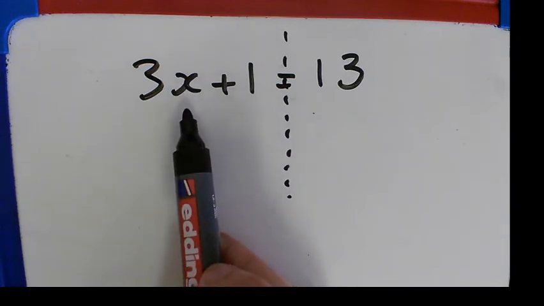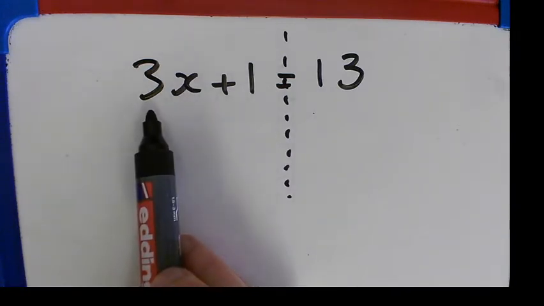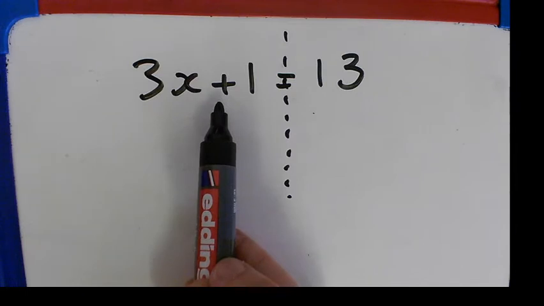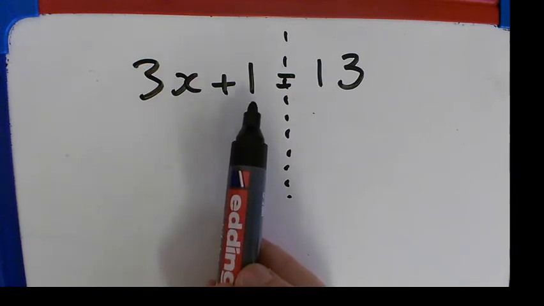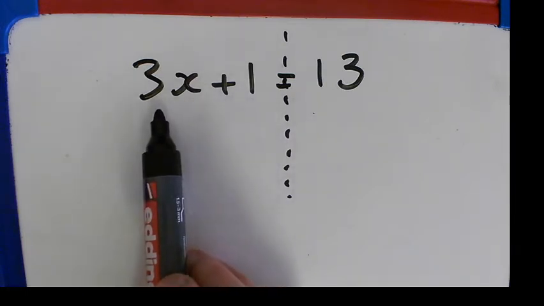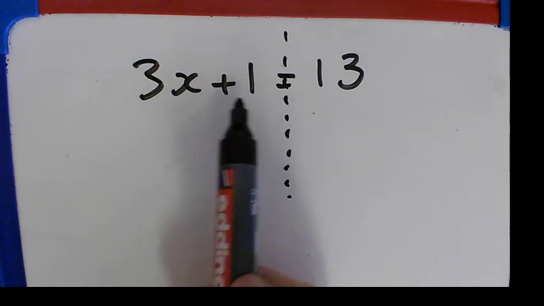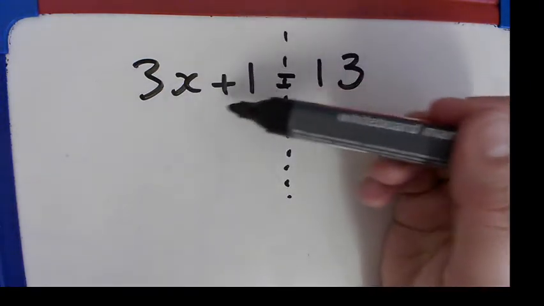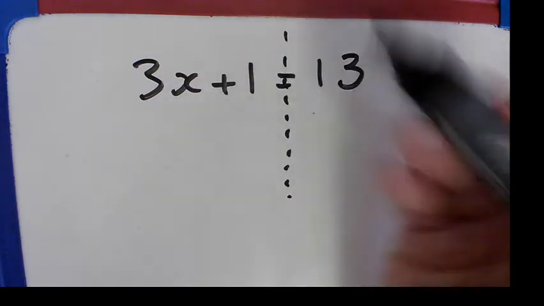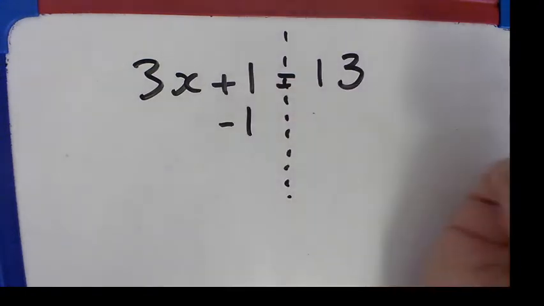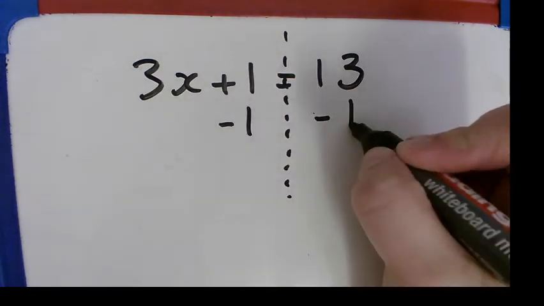I've got an x, I've timesed it by 3, and then I've added 1. So it first got timesed by 3, and then we added 1. So to go backwards, we're going to get rid of the add 1 first. This is an important principle. Get rid of what you're adding or subtracting first. So I'm going to minus the 1, because that's the opposite, from both sides.